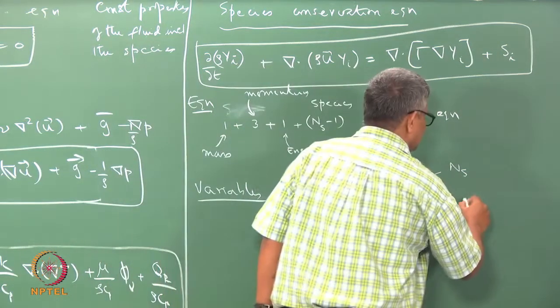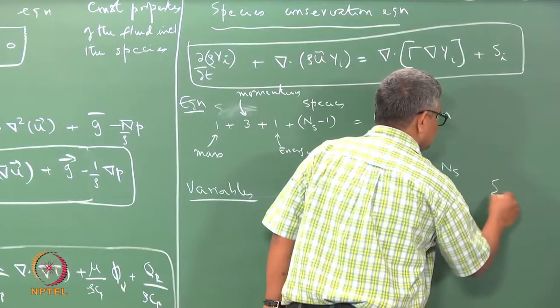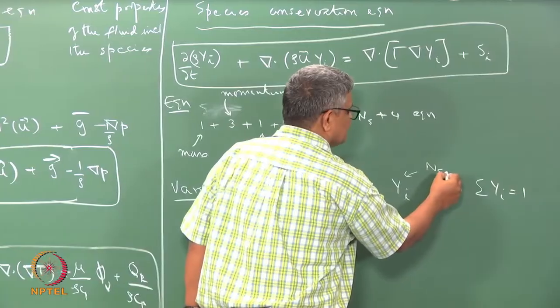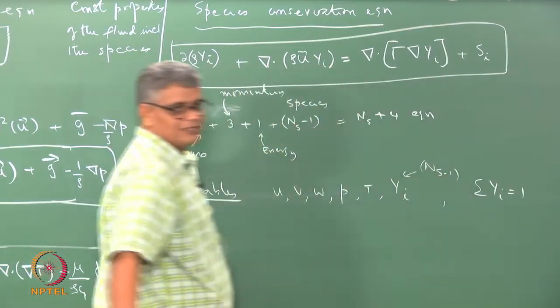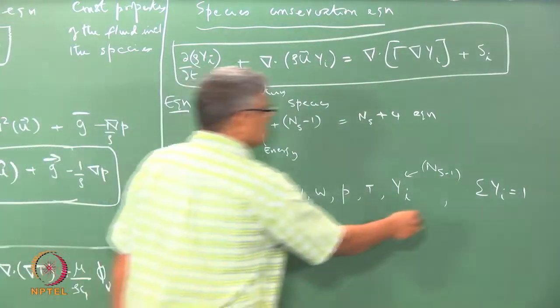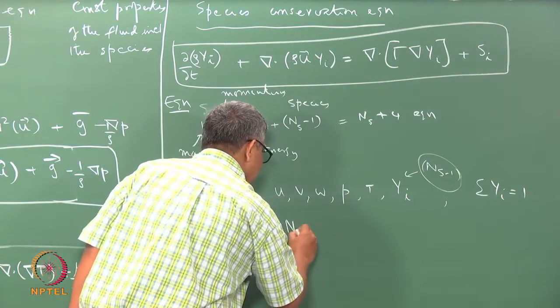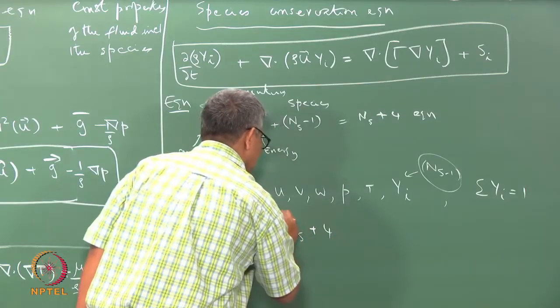But we know that in addition to this we have sigma yi equal to 1. So we need to know only ns minus 1 number of these to get the last one. So we have ns minus 1 number here plus 5. So the total number of unknowns is ns plus 4.